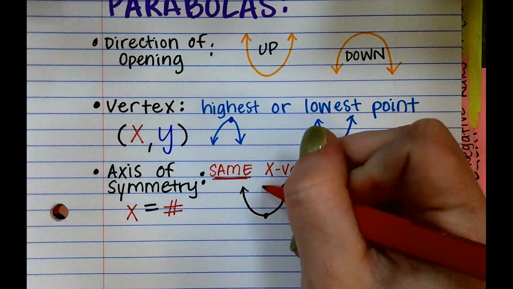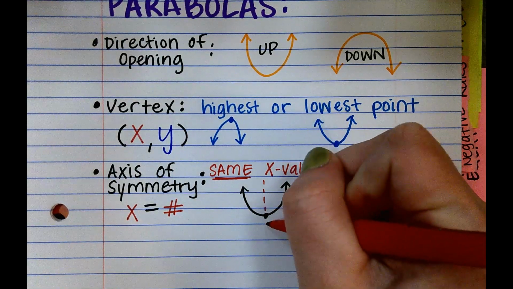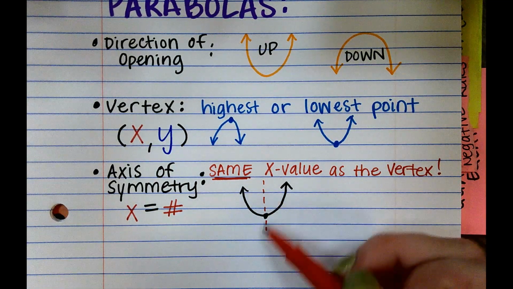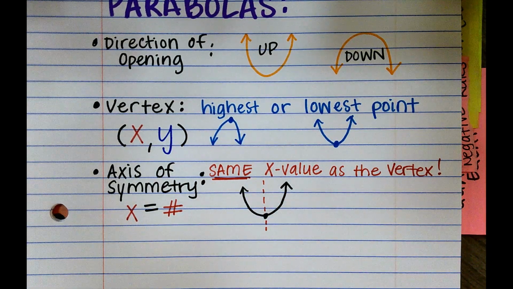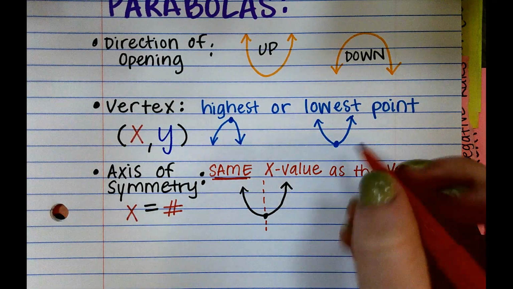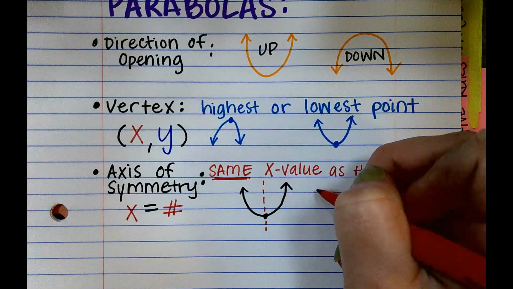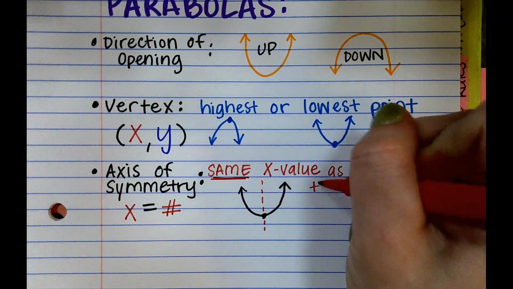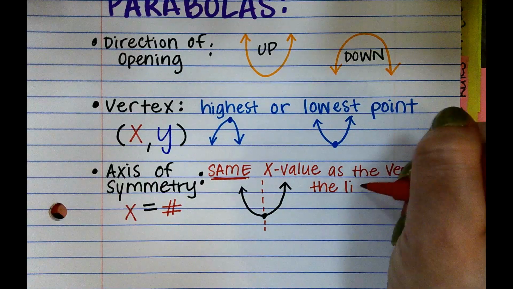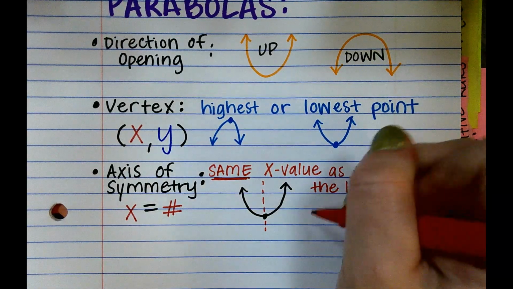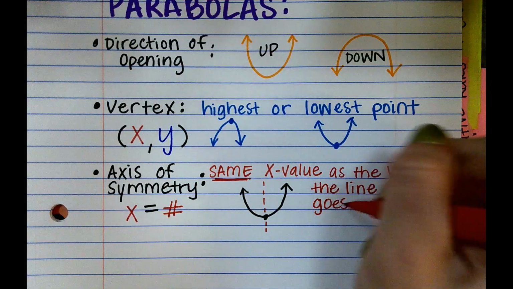My axis of symmetry is this line, the dotted line that goes through the vertex. It's the line that goes through.